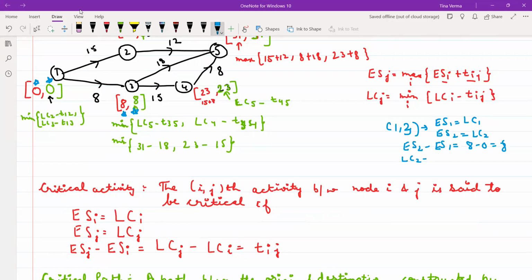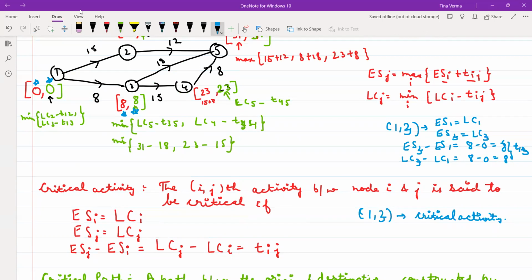And you take LC3 minus LC1, that will be 8 minus 0, that will be 8, which is equal to the time between your 1 and 3. That means my 1-3 activity is my critical activity.